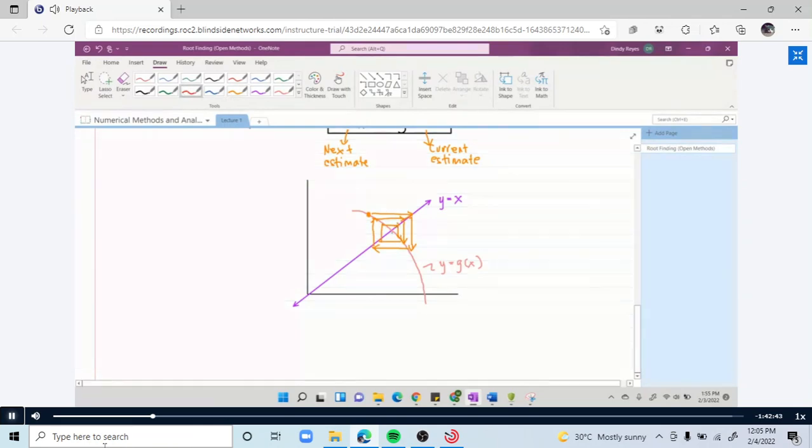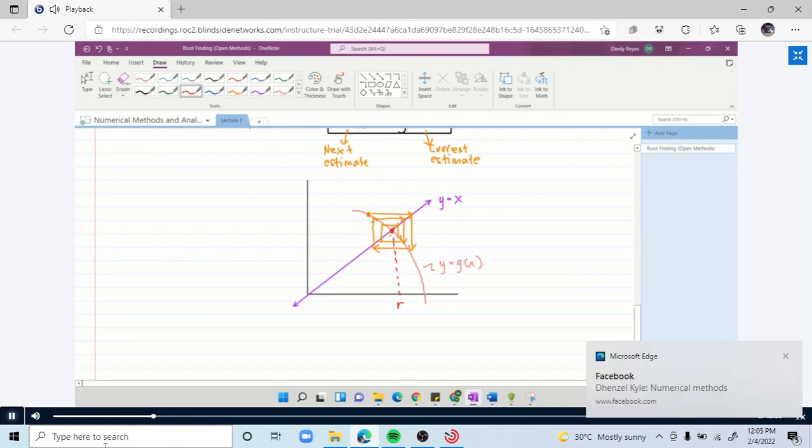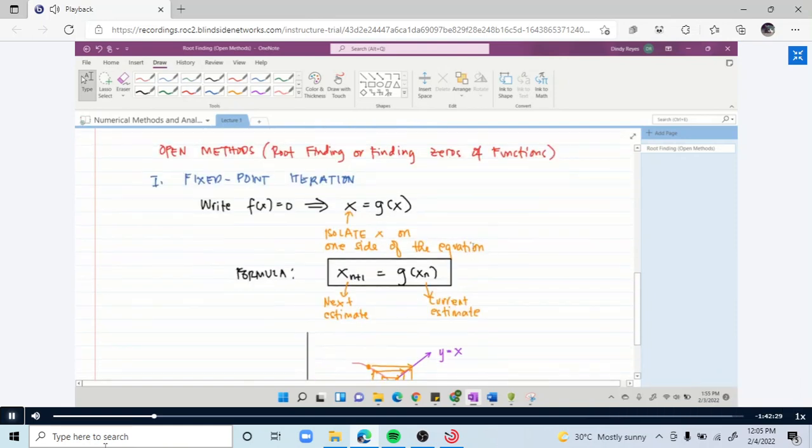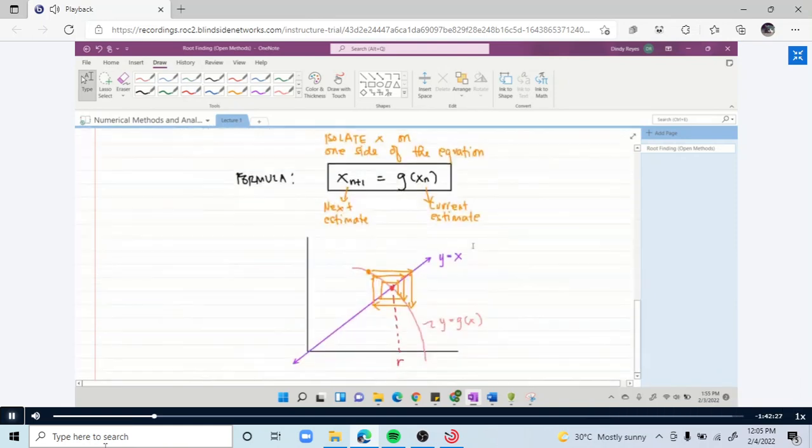Diba? This is what we're trying to find. The value of r here. So, paulit-ulit lang, iterate ng iterate, tapos hanggang mapunta ka dun sa pinakamalapit na value nito. Okay, that's what this method does. And then this is the formula that we're going to use.